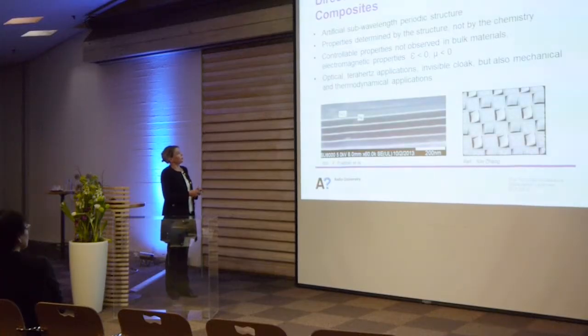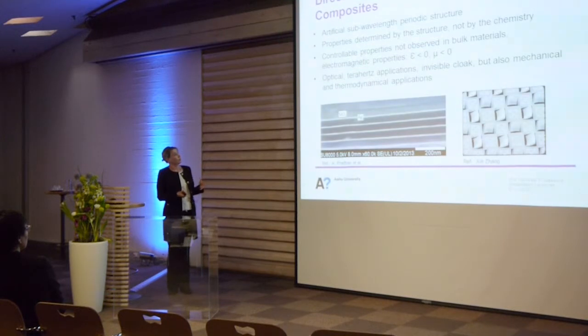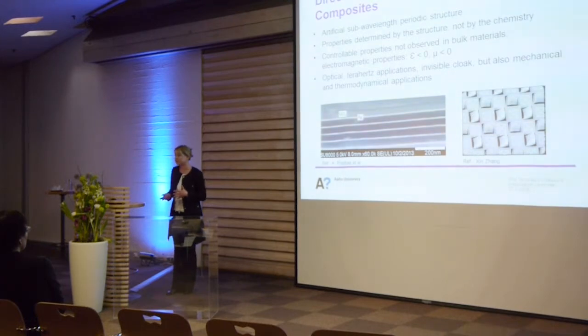So we can generate periodic structures with sub-wavelength dimensions, like here, either by periodic layering or by array structures, and generate then controllable properties which are not defined by the chemistry, but rather by the structure.